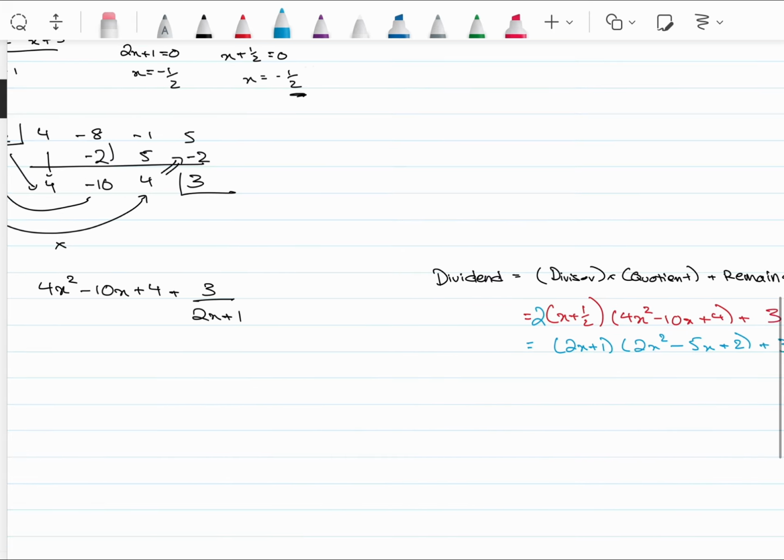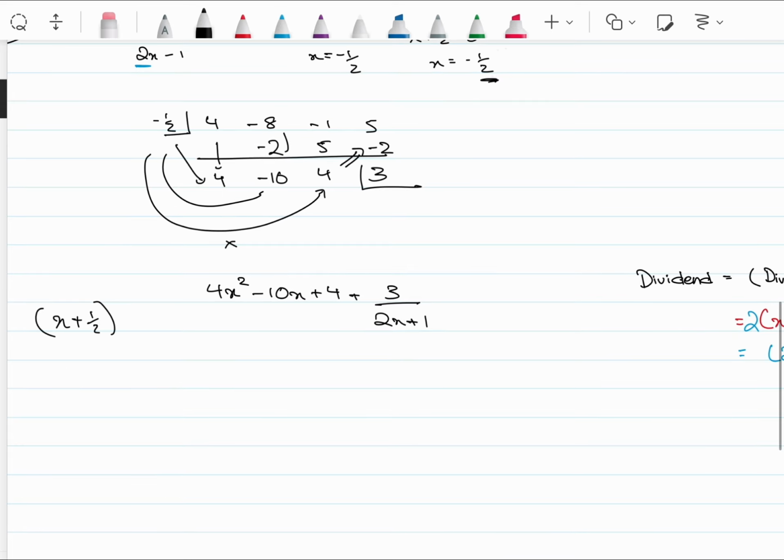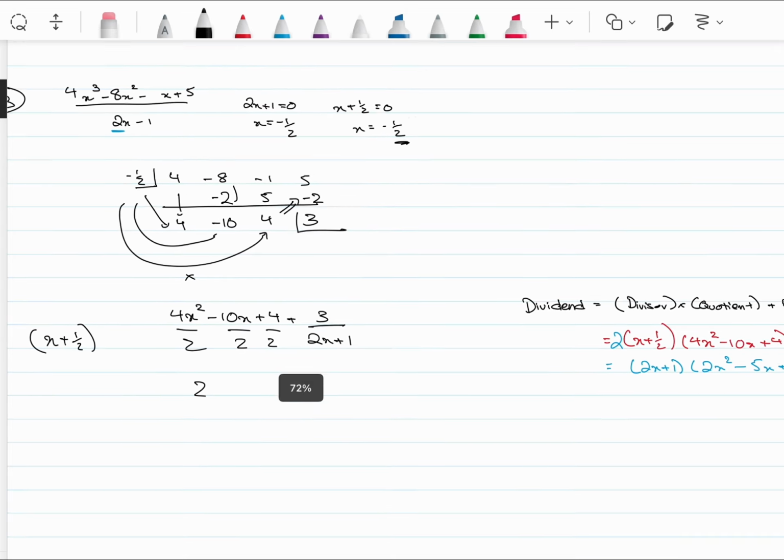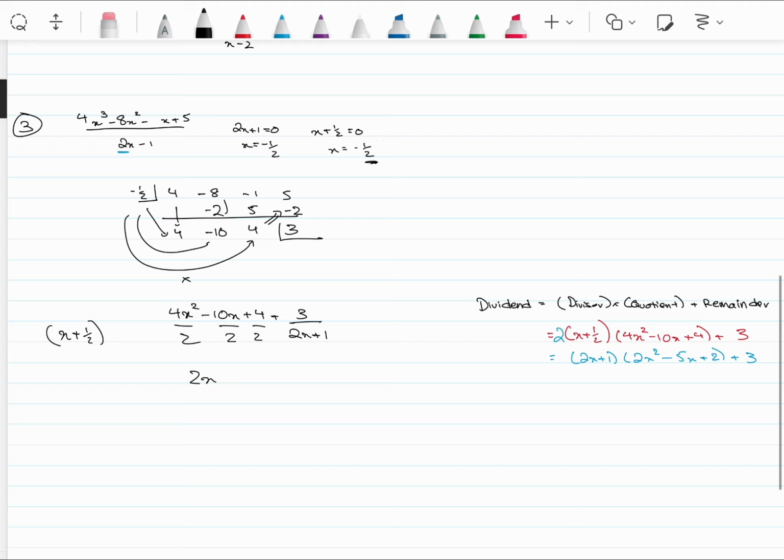So what you do is you divide these by the leading coefficient of x. So we divide by 2, so the answer for this would be 2x squared minus 5x plus 2 plus 3 upon 2x plus 1. As you can see, the remainder is not changing, so that stays the same.